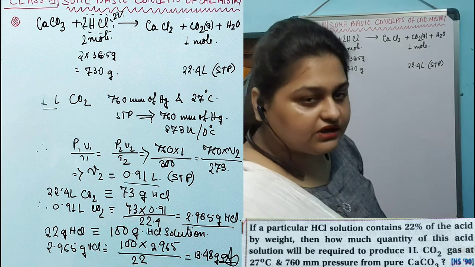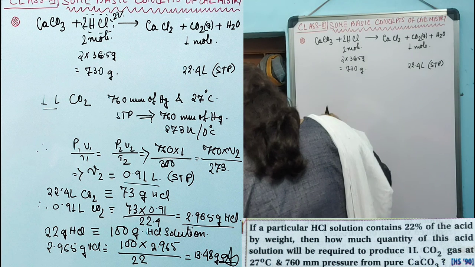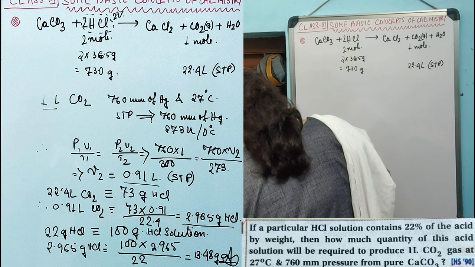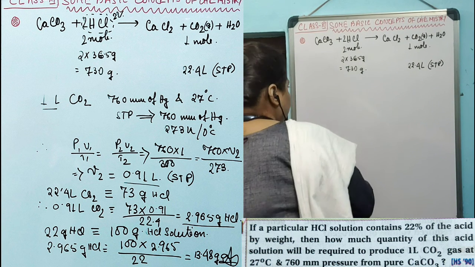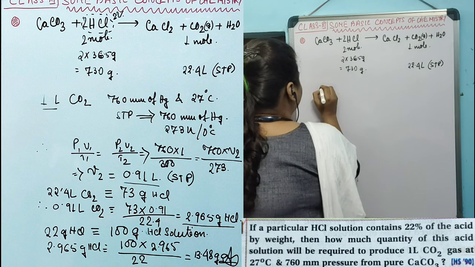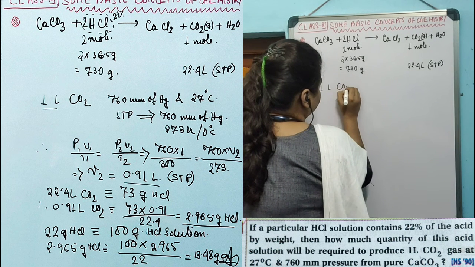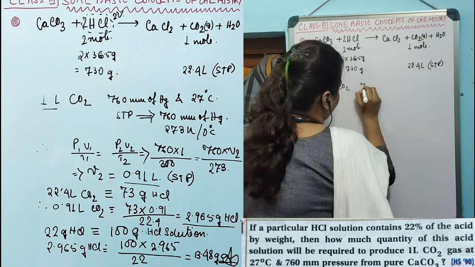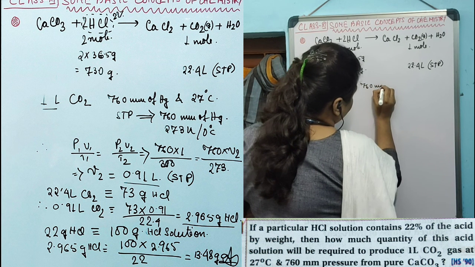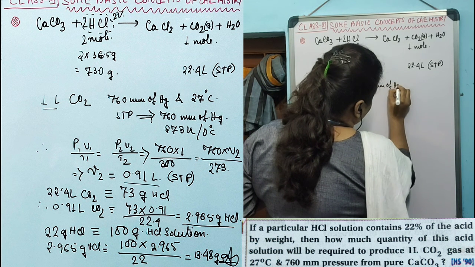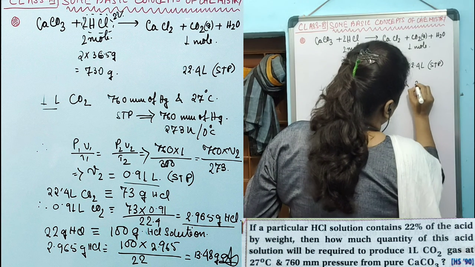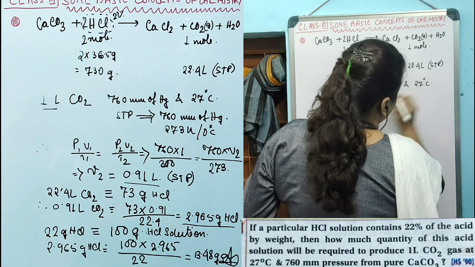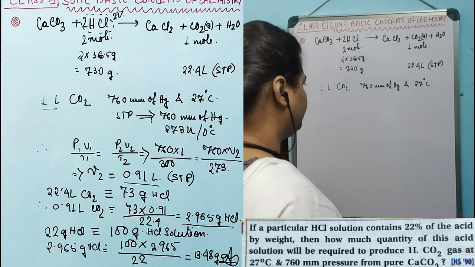Now in the question they have also said that 1 liter of CO2 has been produced at 760 mm of mercury at 27 degree Celsius temperature.